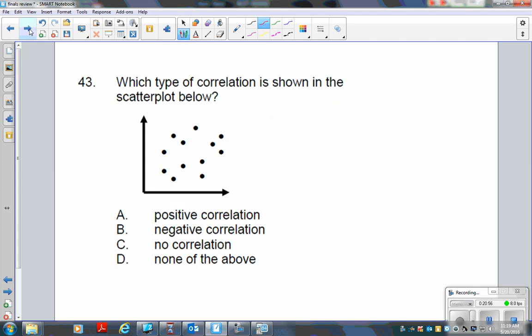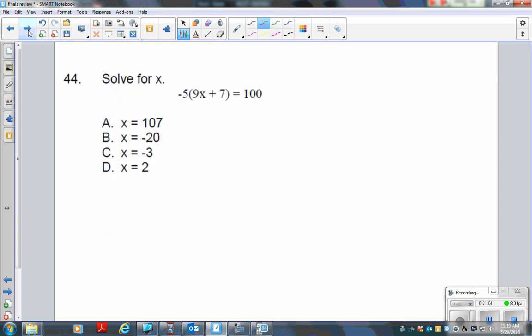All right, as you take a look at these points, they're kind of all over the place. So this is no correlation whatsoever. Again, every time you see parentheses, it means you're going to multiply. So we have open parentheses, start multiplying. Close parentheses, stop multiplying. It's negative 45x, and negative 5 times 7 is negative 35, equals 100. Now, to solve it, you got to get x by itself. You always handle the number without the letter.